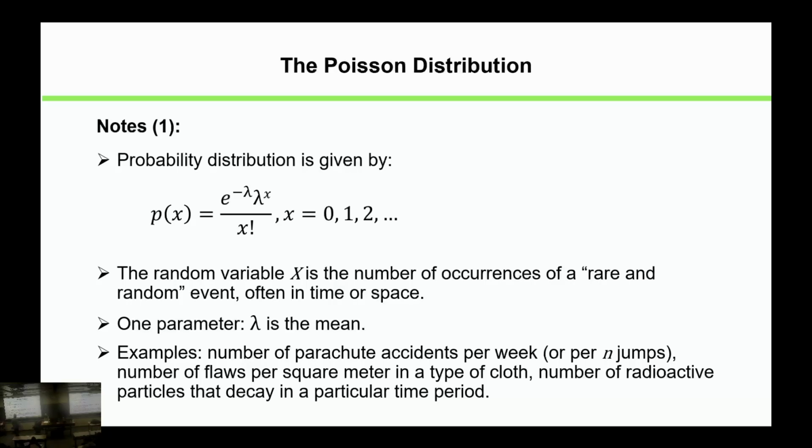And so something like industrial processes, they're manufacturing cloth and maybe they're counting the number of flaws per square meter of cloth. And you wouldn't expect very many flaws in a square meter of cloth because otherwise they've got serious problems in their manufacturing.